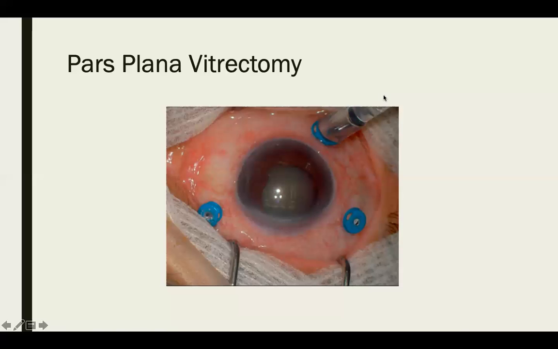So in pars plana vitrectomy, one is the infusion port, because we will be putting a cutter from one cannula, and we'll be putting light from the other cannula. With the light we can visualize, and with the cutter we'll be cutting the vitreous. If we are going to cut the vitreous, it needs to be replaced by fluid, so as to maintain the pressure within the eye.